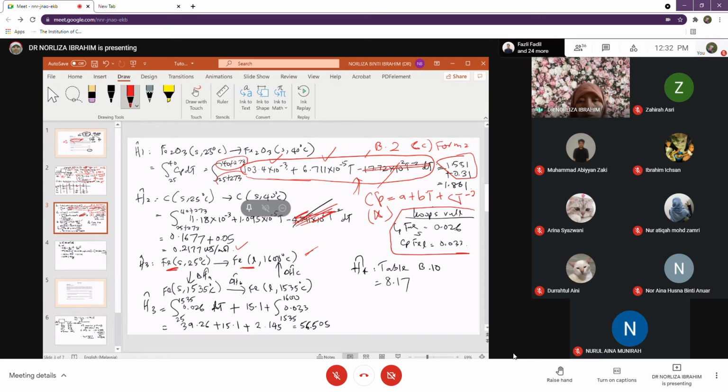Kopp's rule there gives 0.026 for solid and 0.033 for liquid. Two different values because solid and liquid. Sorry, this is not B. Which one, B10? B8. Okay, Kopp's rule is B8, right? Kopp's rule is B8.